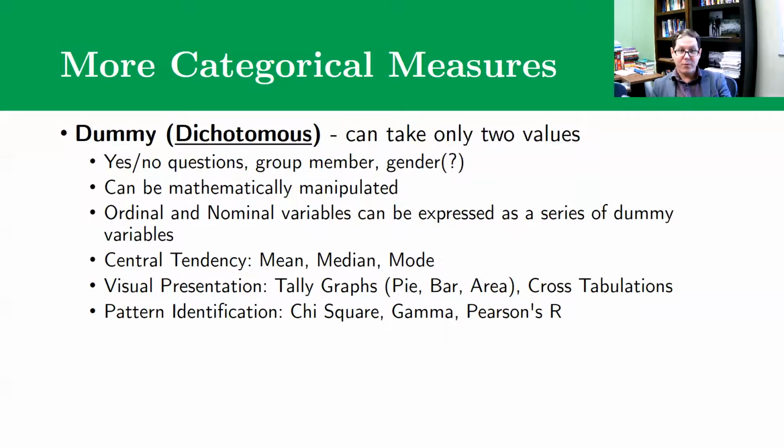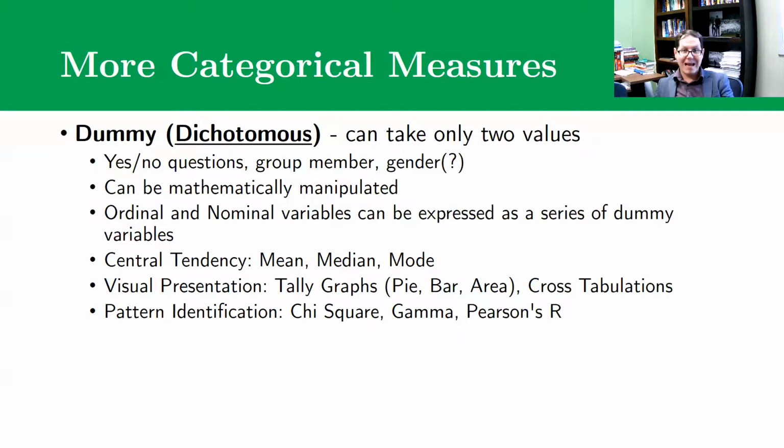There are some pretty robust things that we can do with dichotomous variables, not just in terms of mean, median, or mode, or charts and graphs, but we can use that idea of a dummy variable as a member of a category, not a member of a category, to take other categorical variables, whether they're nominal or ordinal, and rewrite them as a series of dichotomous variables.